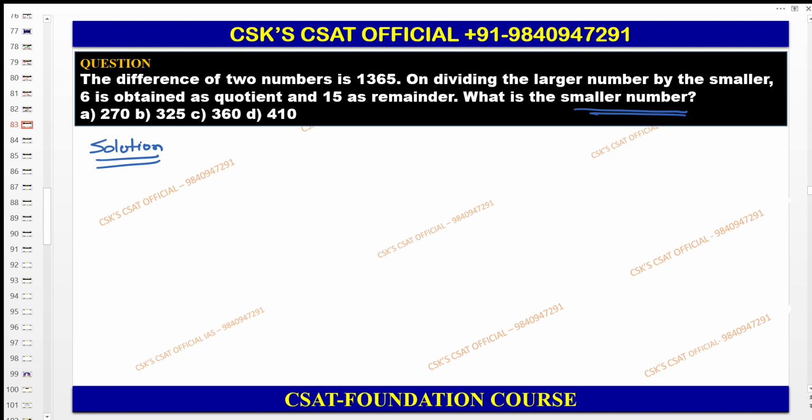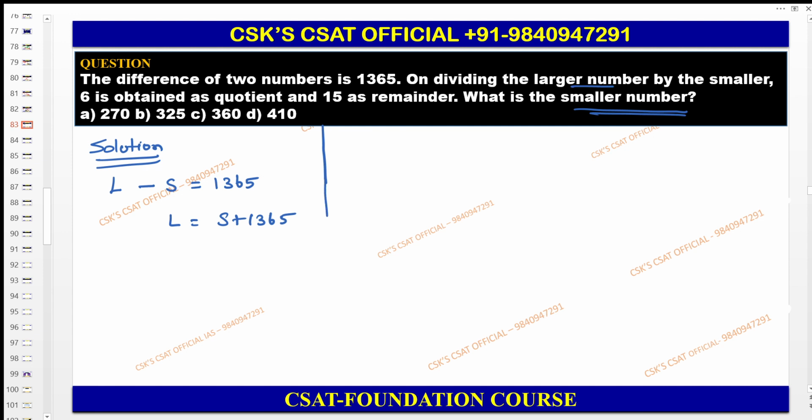Their difference. So let us take L as the larger number and S as the smaller number. The difference you can take as 1365. So L is equal to S plus 1365. Now listen carefully, read the question.